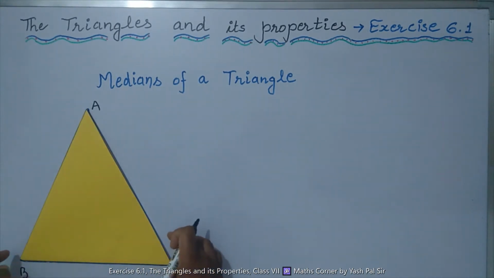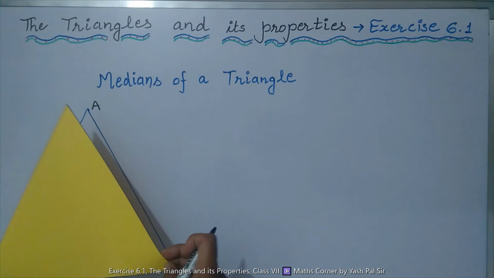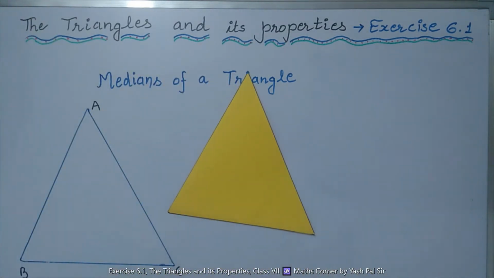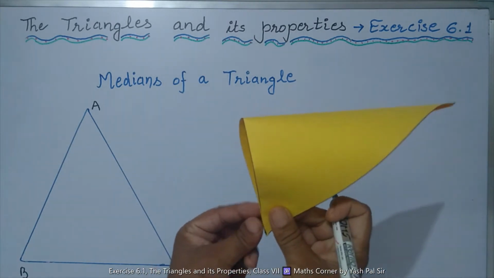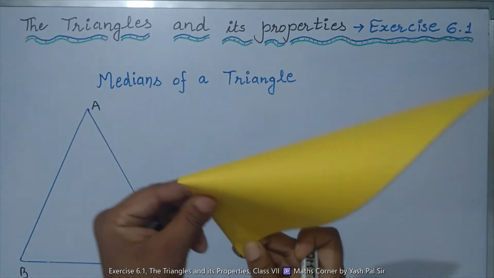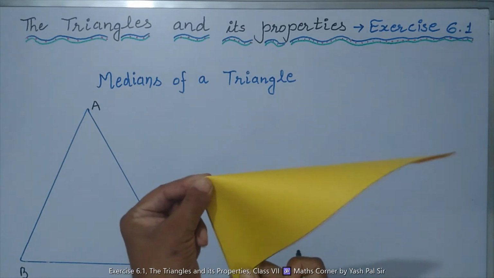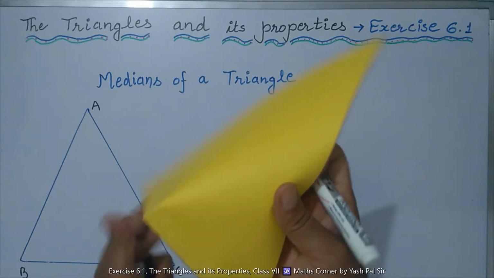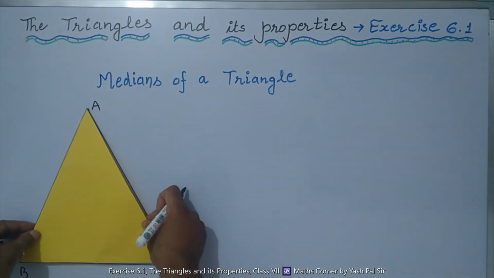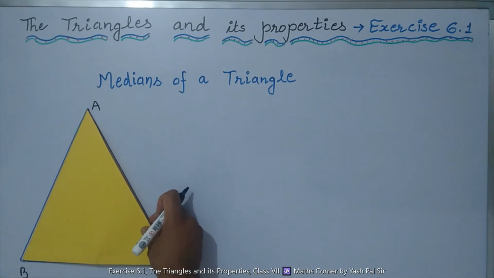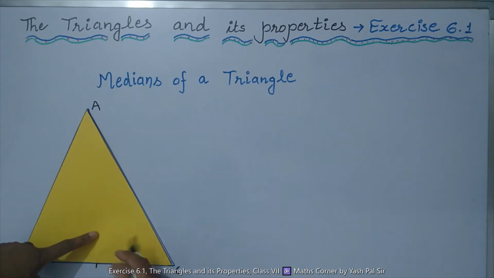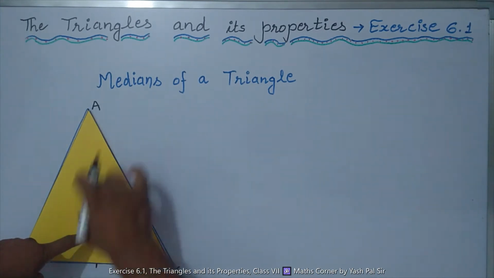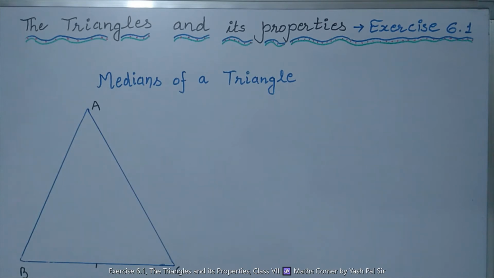With the help of this triangle, I have sketched the triangle. I am going to find the midpoint of side BC. I folded the triangle this way. Now I again put the triangle here, and this is the mark. So this is the midpoint.